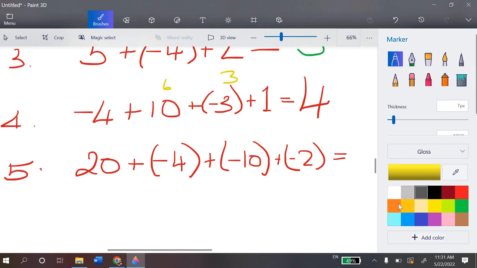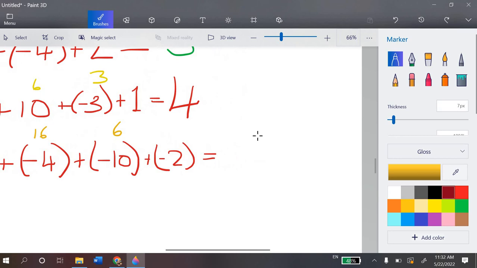So this time we're going to think 20 plus negative, so think minus. Okay, so 20 minus 4 would be 16. Again, plus minus, so think minus. 16 minus 10, 6. Plus minus, think minus. 6 minus 2 equals 4 again.